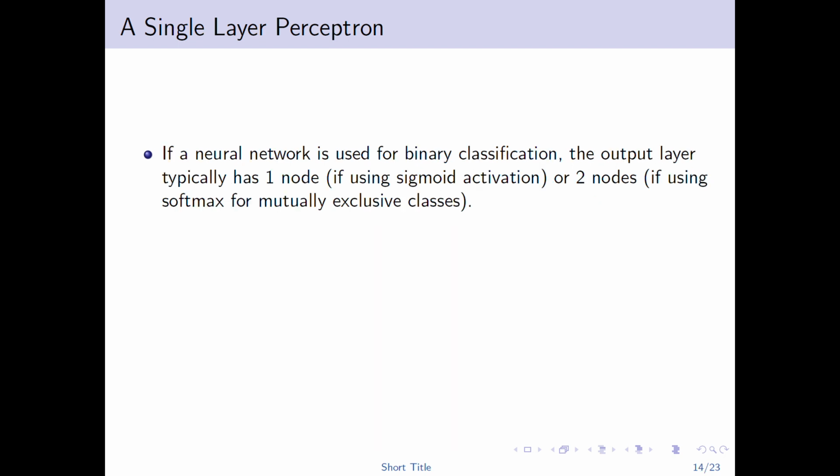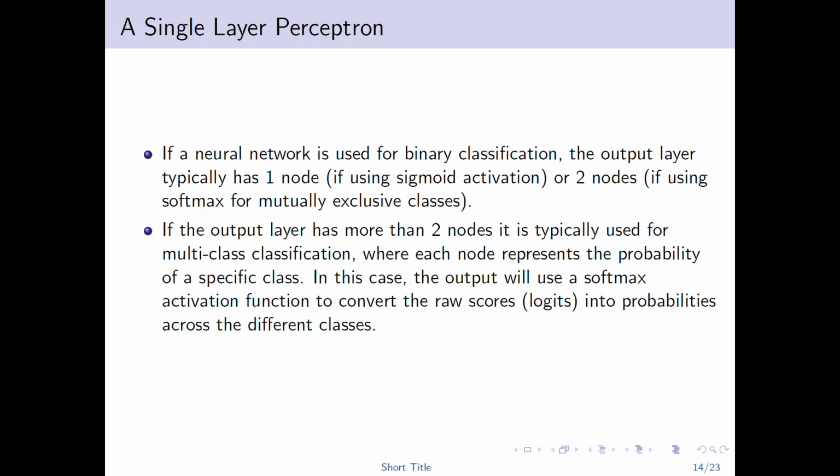Now, if the single layer neural network is used for binary classification, then the output layer typically has only one node if we are using a sigmoid activation function. But if we are using a softmax activation function, then it can have two nodes. Now, if the output layer has more than two nodes, then it is typically used for multi-class classification, where each node represents a probability of a specific class.